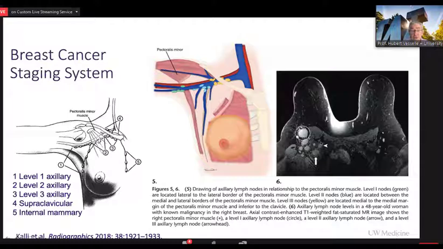So MRI can be used for that, CT can be used for determining this, or ultrasound. So the level 1, 2, and 3 are critical in determining the clinical N1, N2, or N3 involvement of lymph nodes. At MRI and CT, we're going to use whether the lymph node is enlarged greater than a centimeter, or whether it has architectural changes inside the node.